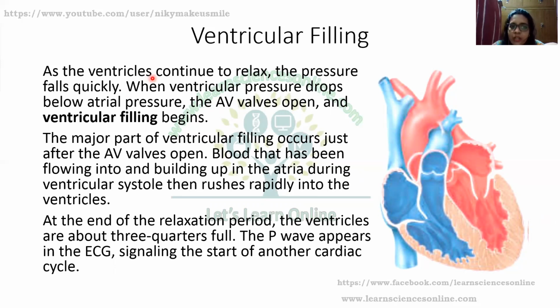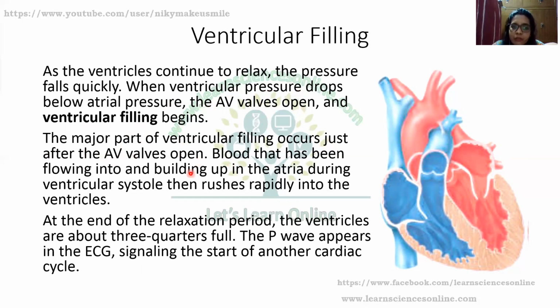As the ventricle continues to relax, the pressure falls quickly, and when ventricle pressure drops below atrial pressure, the AV valve opens and ventricular filling begins. So the major part of ventricular filling occurs just after the AV valve opens.